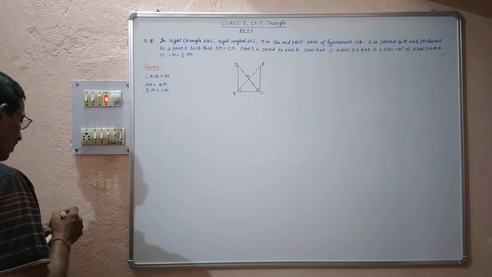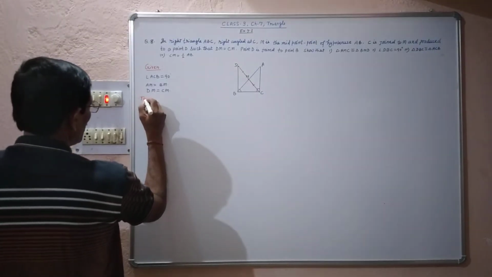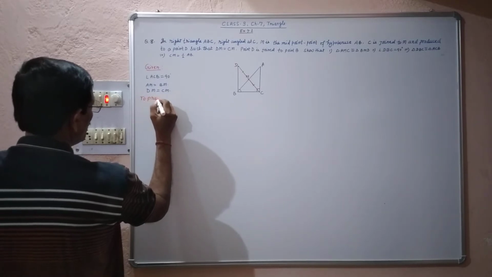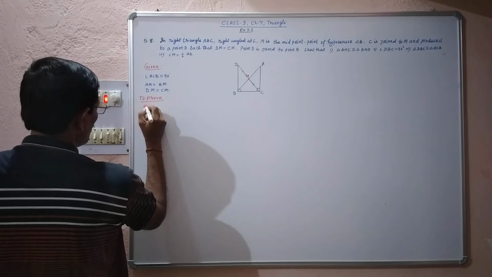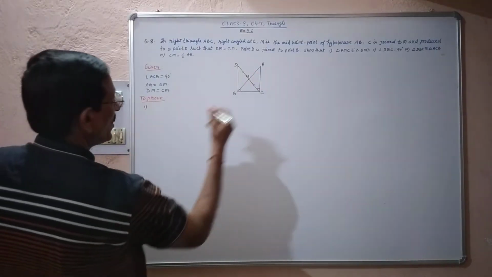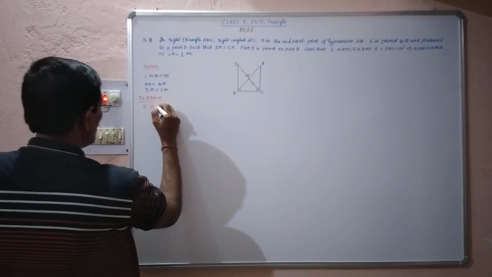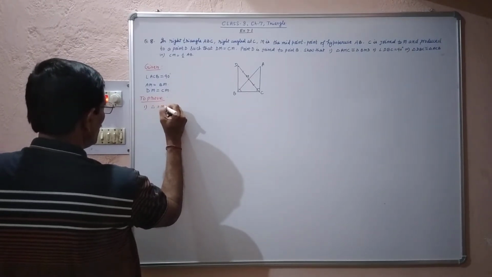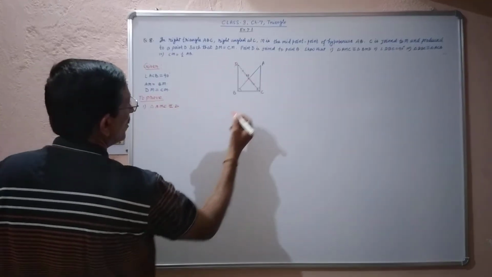Now what we have to prove? We will write here: to prove. We have to prove four things. First, triangle AMC is congruent to triangle BMD.